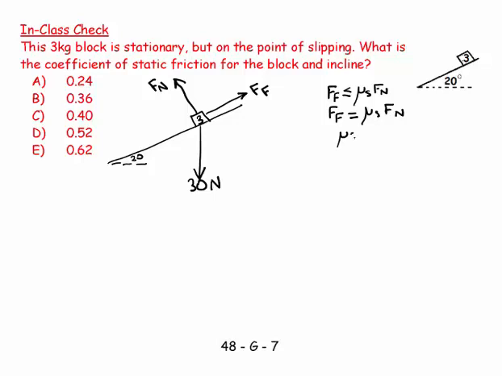Mu s is equal to Ff over Fn. Didn't we do a problem just like this? We did, but the diagram was very different last time. It was a moving system, but it was not accelerating, so it was still a statics problem even though it was moving. It was in equilibrium, whereas this one is stationary, but on an inclined plane.